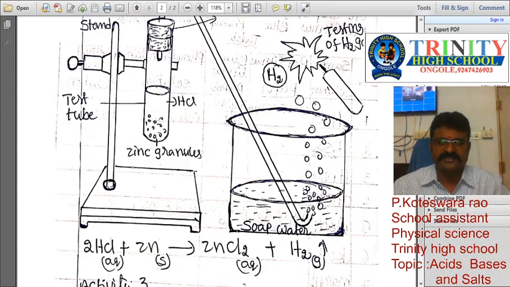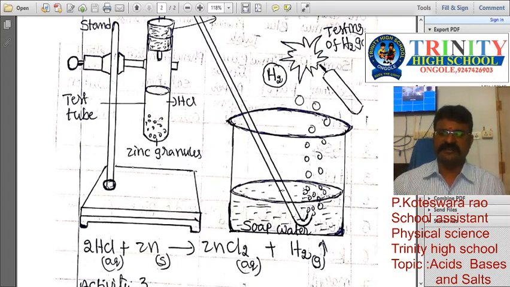So we want to write this as an equation: HCl plus Zn. Here HCl is taken as aq. Aq means aqueous. We already discussed in the first lesson that aqueous means the substance dissolves in water.